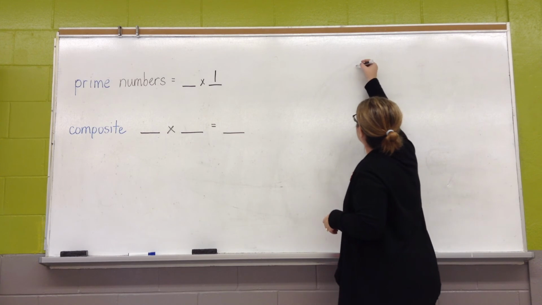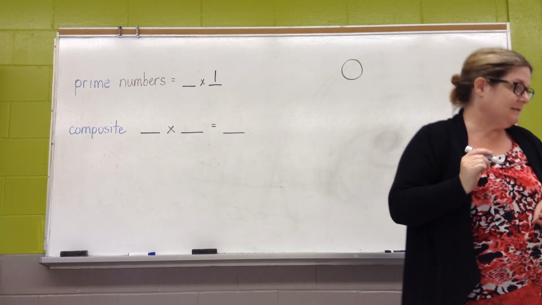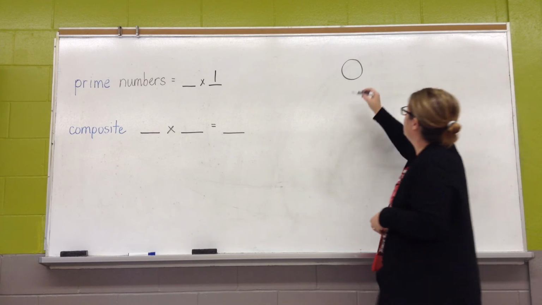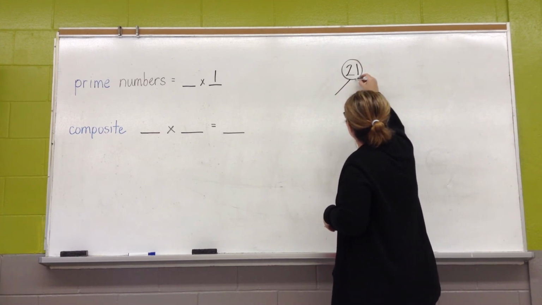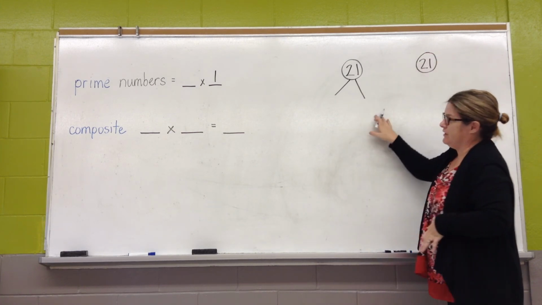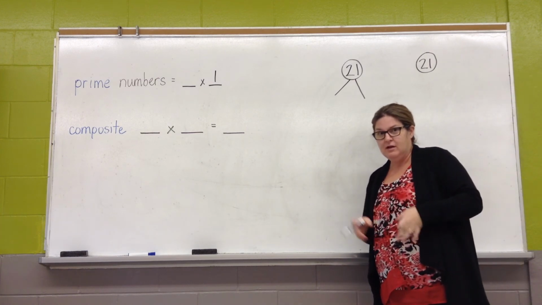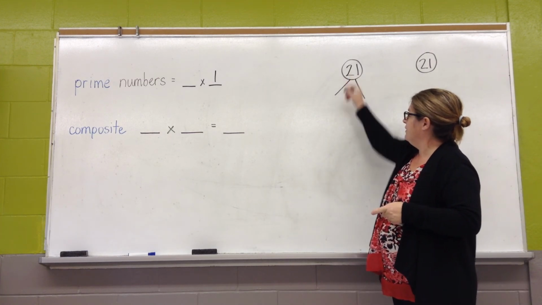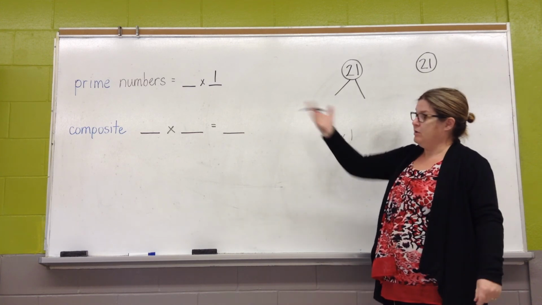So the first number that I'm going to write up here is the number 21. The question would be done, there would be nothing to write, if we could not come up with any numbers other than the number times 1, because then it would be a prime number.